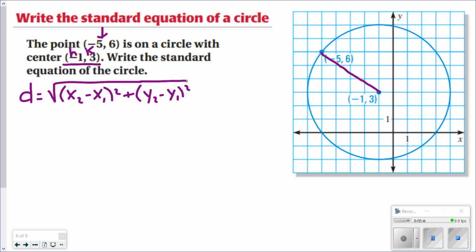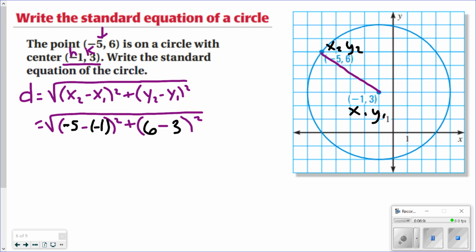All right, so I wanted to label my x1, y1, and I labeled x1 for negative 1, y1 for 3. And then I needed to label my x2, y2 with my second coordinate, negative 5, 6. So now that I have what all those values are, I can plug them into my distance formula.